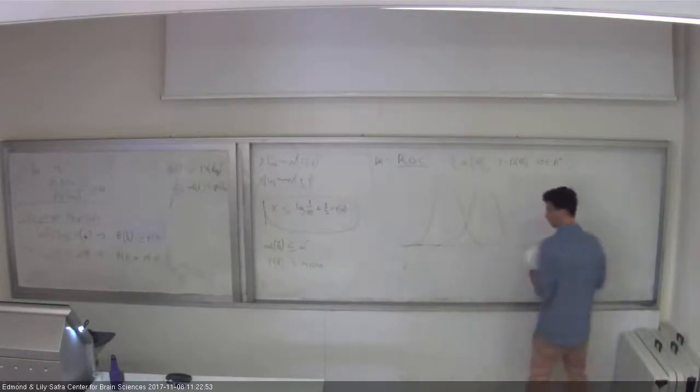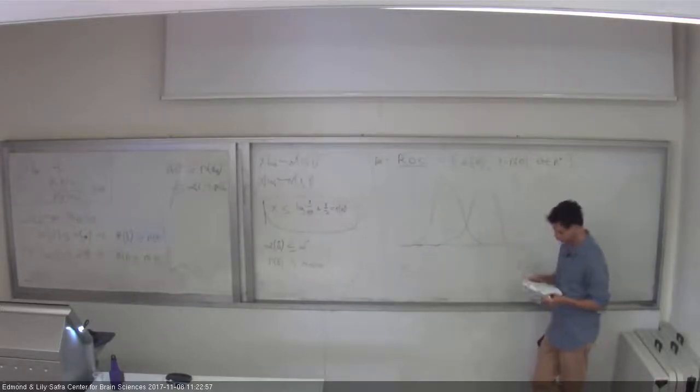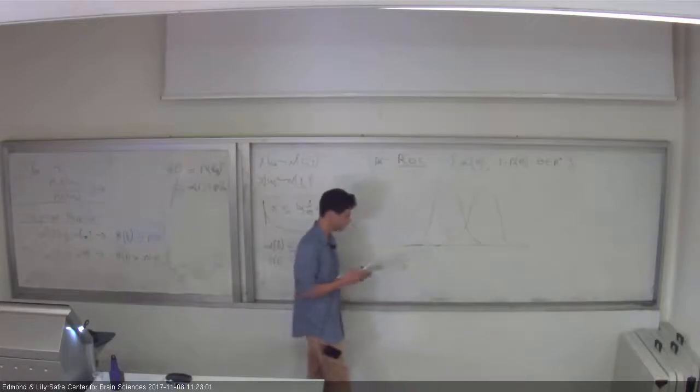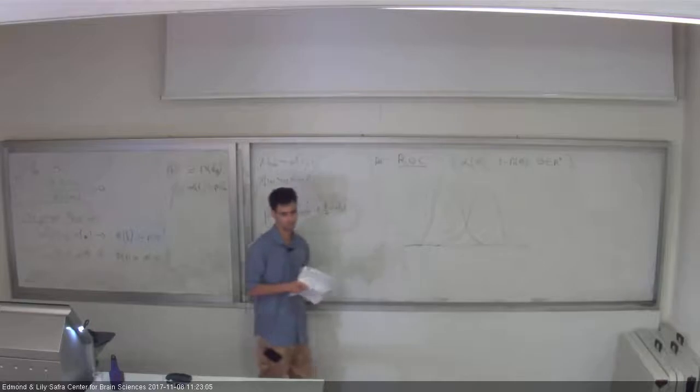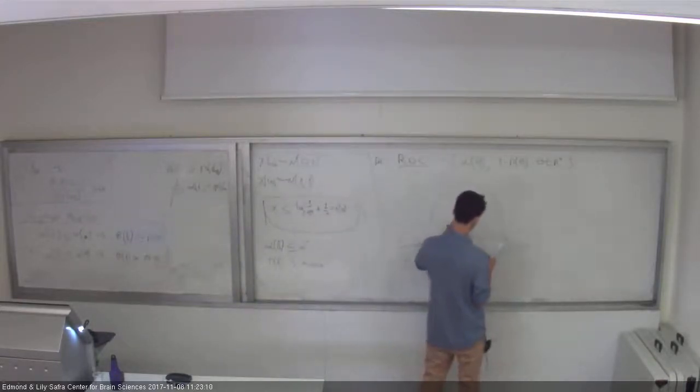Let's suppose that we have two distributions, Gaussians, something like that, and now we have some threshold, let's suppose it's here, for example.